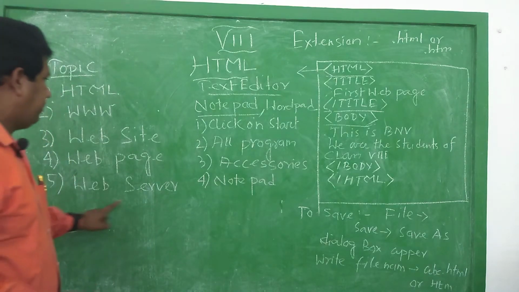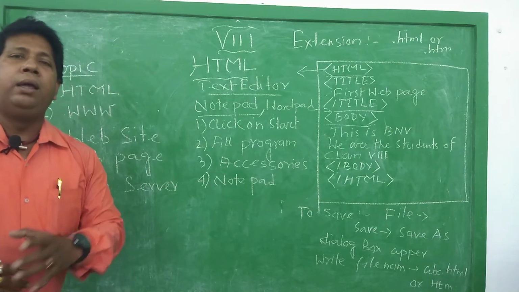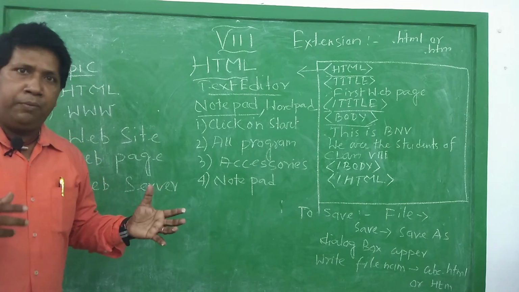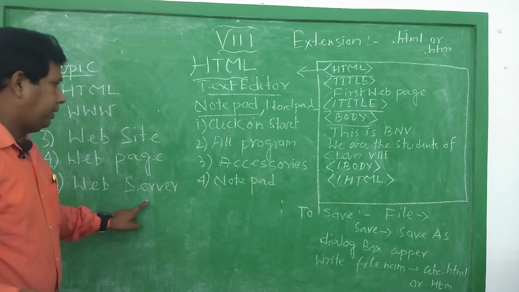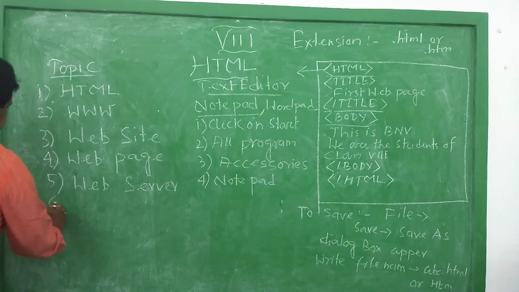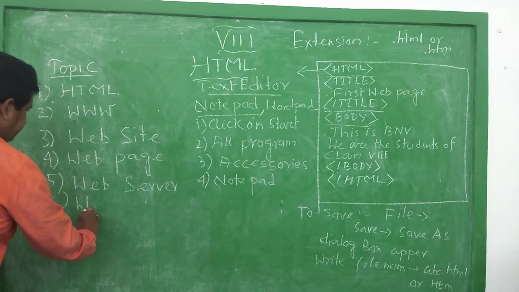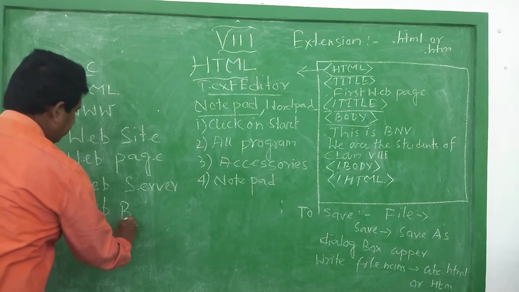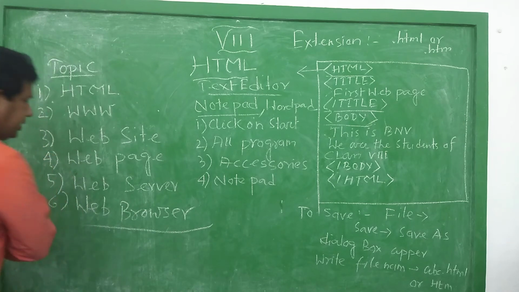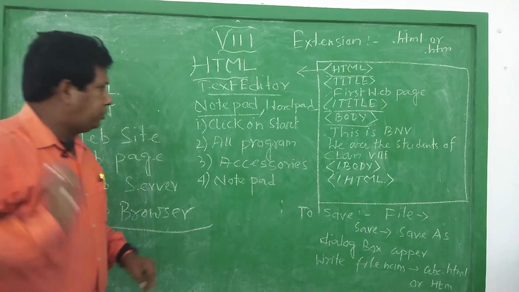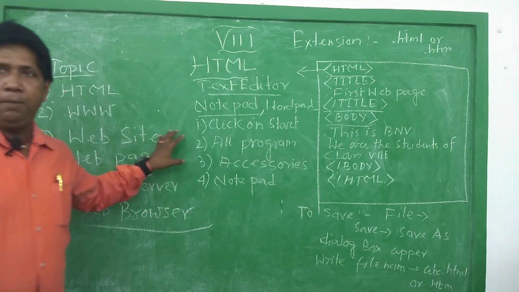And what is a web server? These are optional. If you want to store all this information in one place, we can use a web server. Another option is the web browser. A web browser is software which is used to display all these websites and web pages.